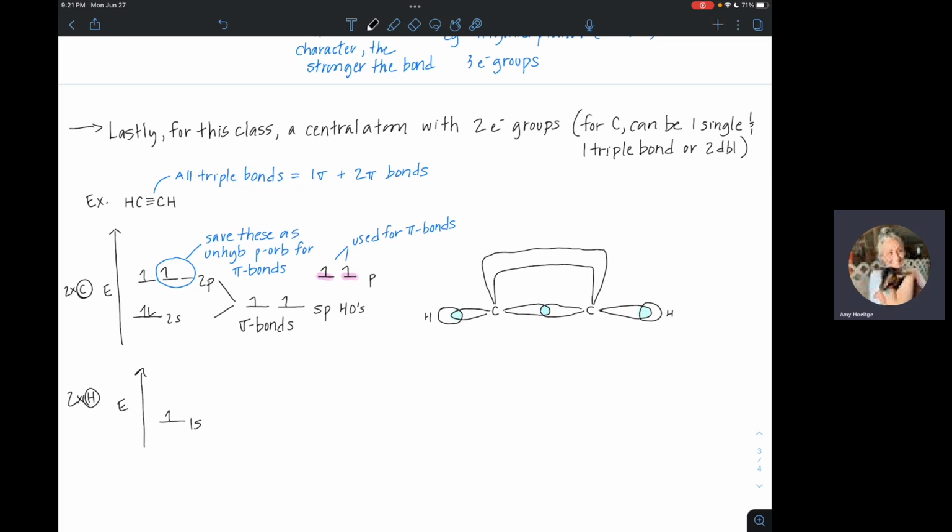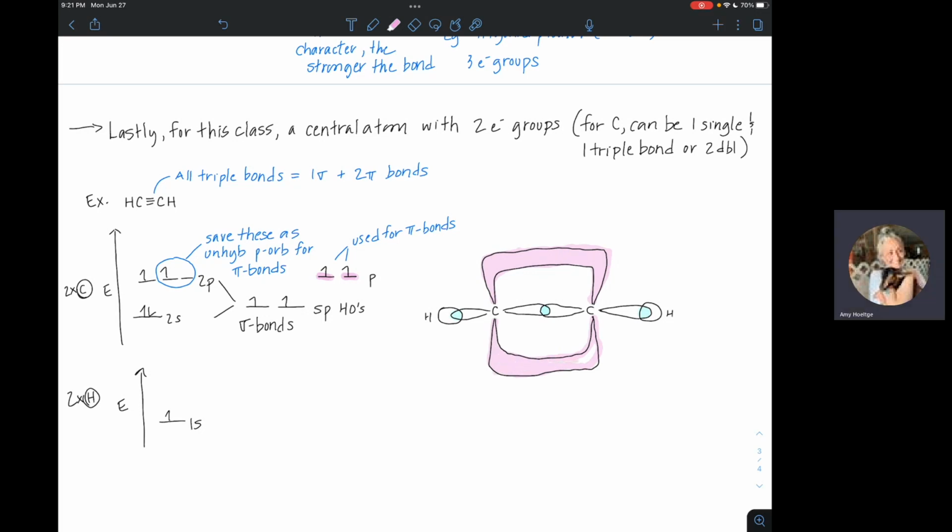We're going to allow these to overlap perpendicular to the internuclear axis. Just pardon my terrible drawing here. And we have created 1 pi bond. Right? So if this was a double bond, this would do it. But this is a triple bond.